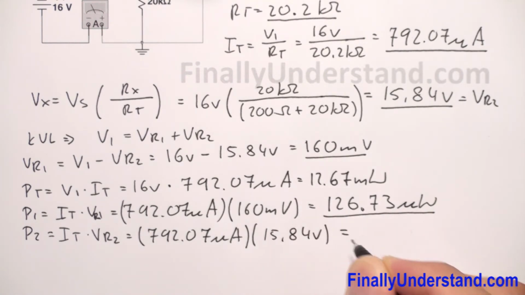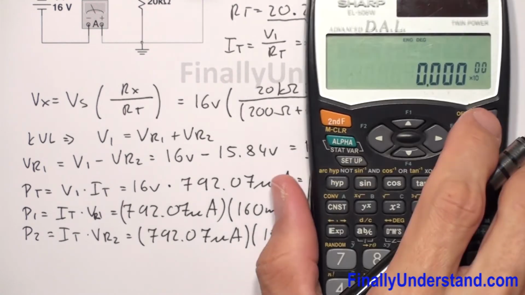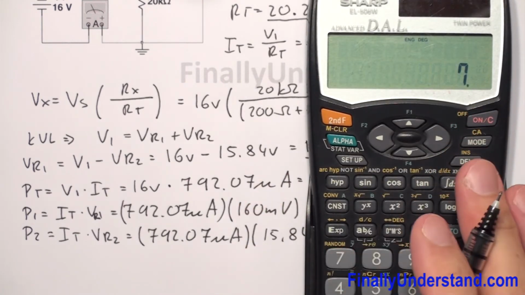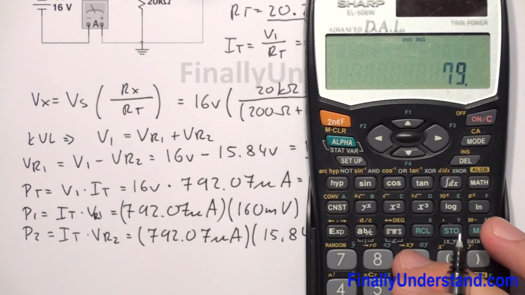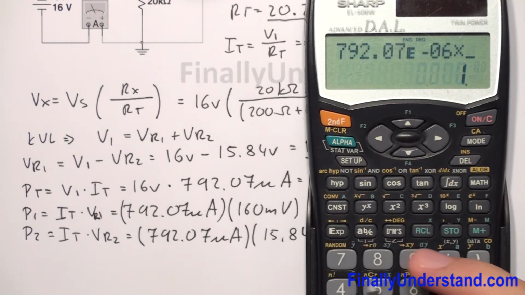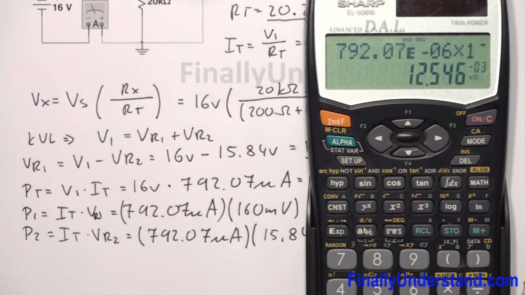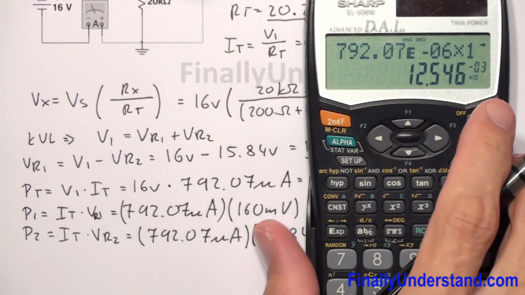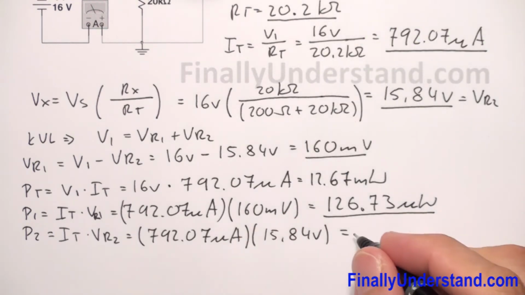Again I'm going to use the calculator: 792.07 exponent negative 6 times 15.84. This is equal to 12.54 milliwatts.